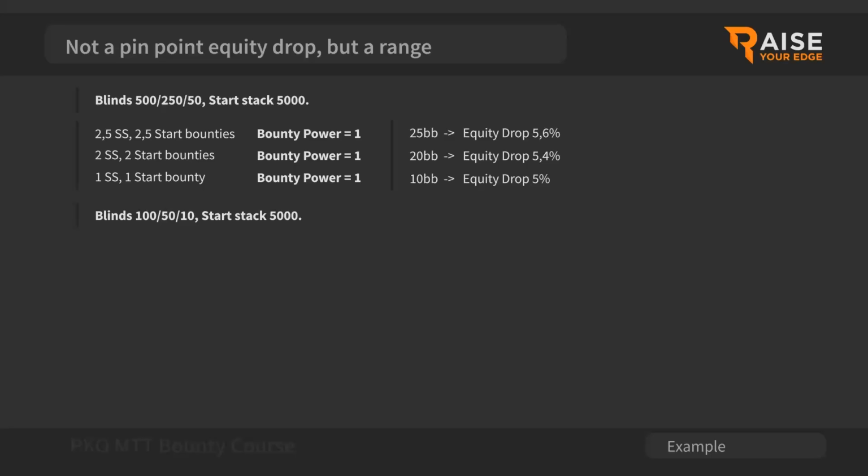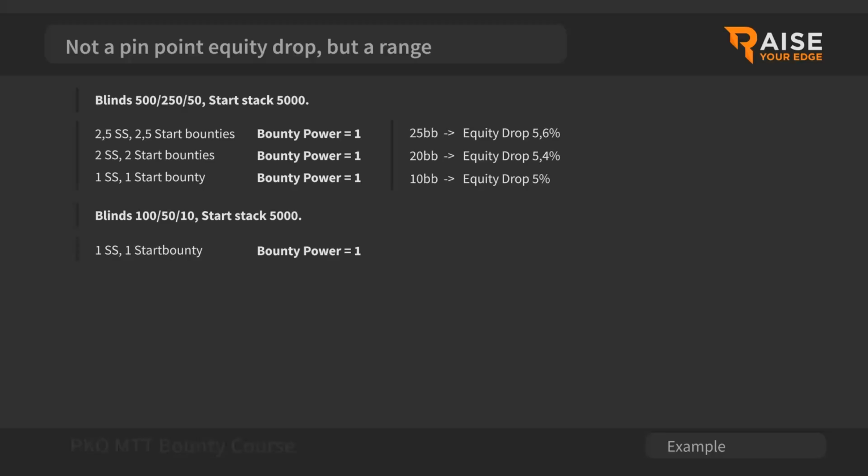Now let's change the blinds to 150 and 10, and again a starting stack of 5,000. If we jam here one starting stack and we have one starting bounty to win, then the bounty power of course again is 1, because the relation is bounties which can be won divided by starting bounty, and stack which has to be invested or risked divided by starting stack.